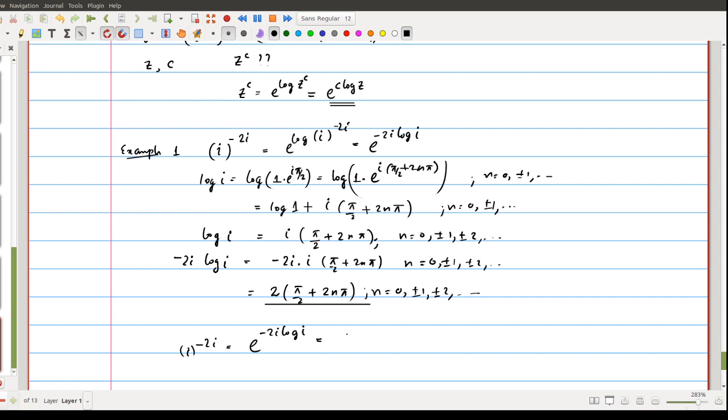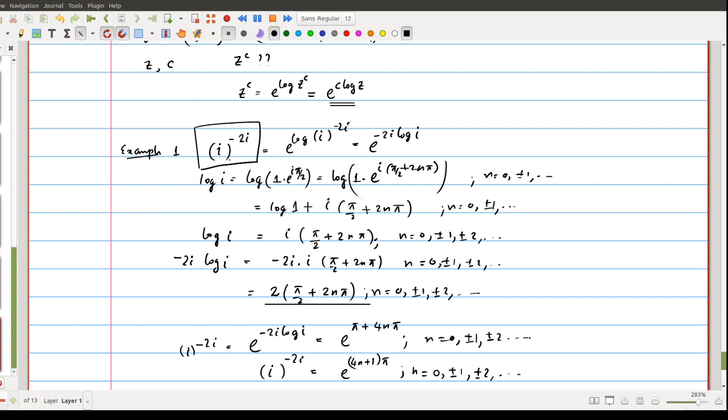So this is e to the power pi plus 4n pi, where n is equal to 0, plus or minus 1, plus or minus 2, etc. So i to the power minus 2i can be written as e to the power 4n plus 1 times pi, where n is equal to 0, plus or minus 1, plus or minus 2, etc. So the interesting fact is we started with two complex numbers, i and minus 2i.